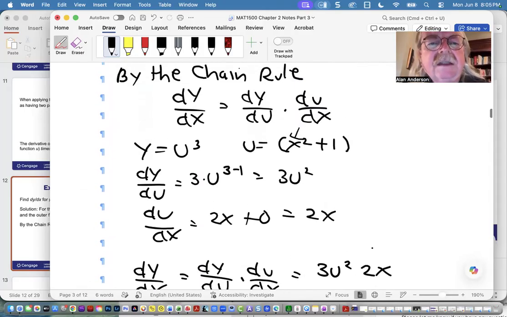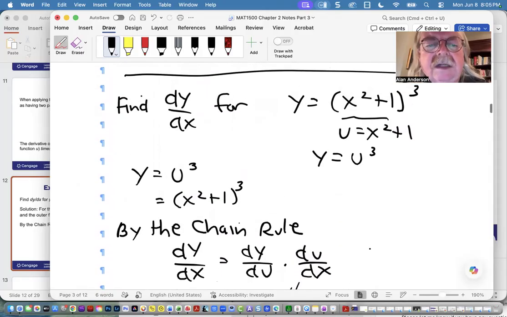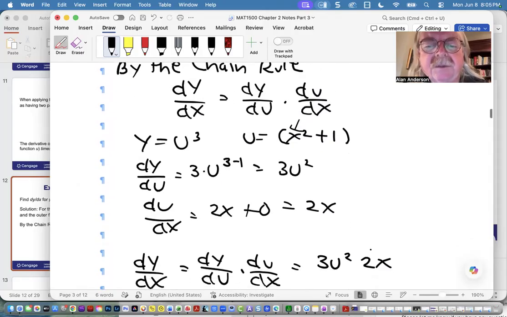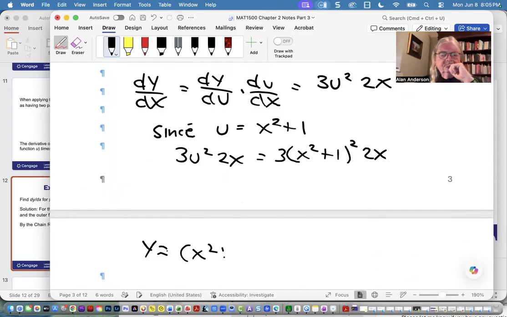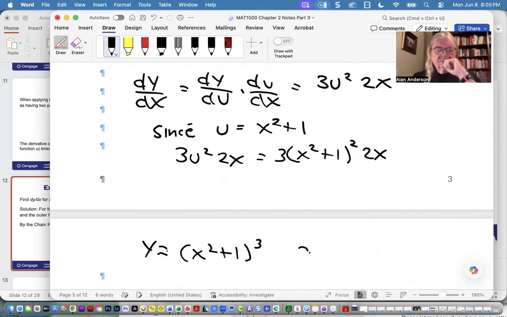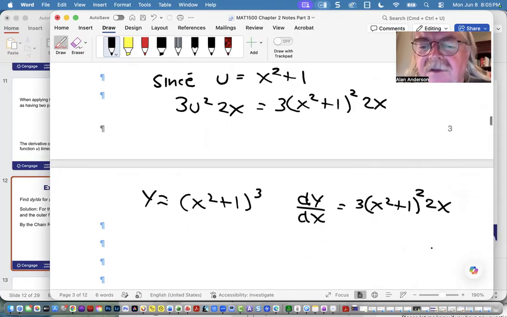So in other words, the original function was x squared plus 1 cubed. Let's write that down somewhere. That is the final result. That is our chain rule.